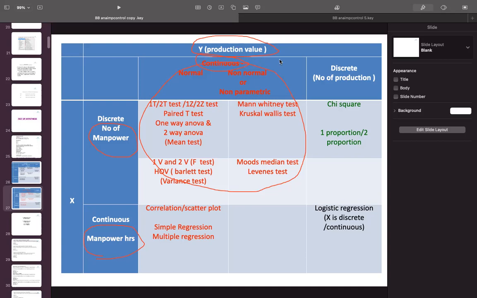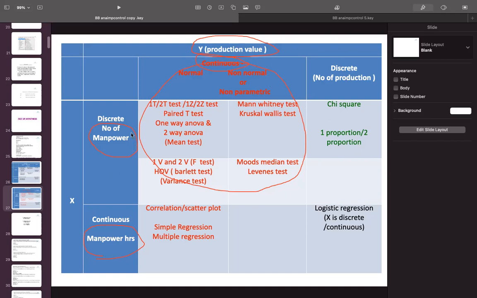So first thing, I have to see whether my Y is continuous or discrete. So you tell whether it is continuous or discrete. The total productivity value is continuous. It can take any value in a range. So continuous data. Okay.